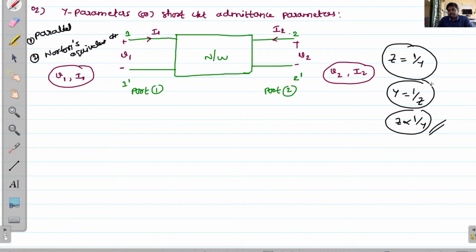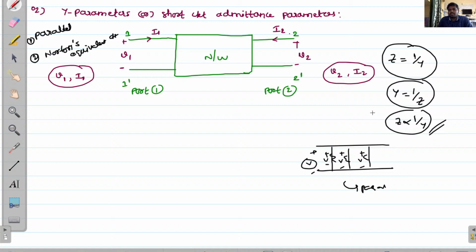Across the parallel branches, voltage should be the same. For example, if you take these four resistive elements, with a voltage source, across all these parallel elements the voltage should be the same. That means voltage will not vary in this parallel circuit, right?